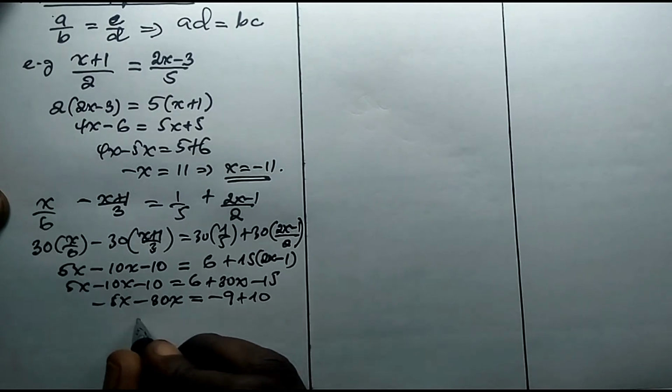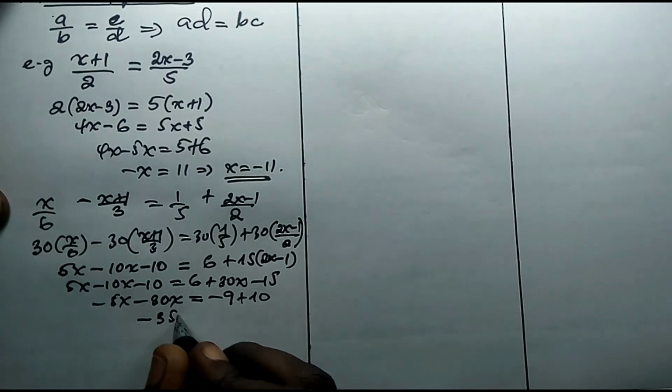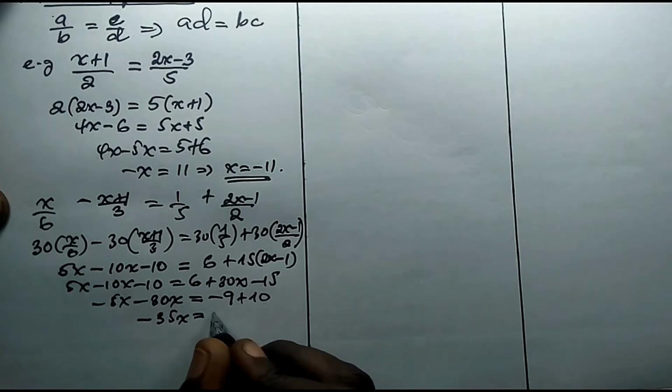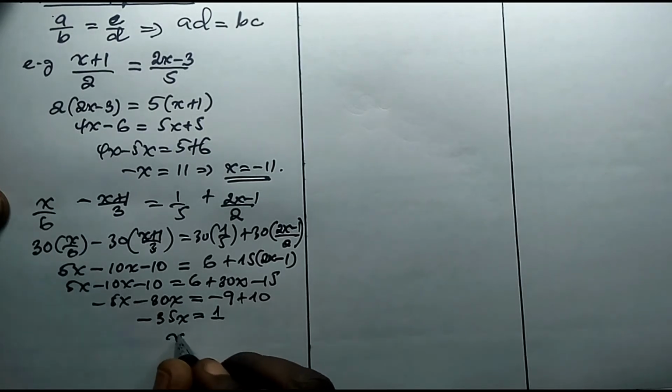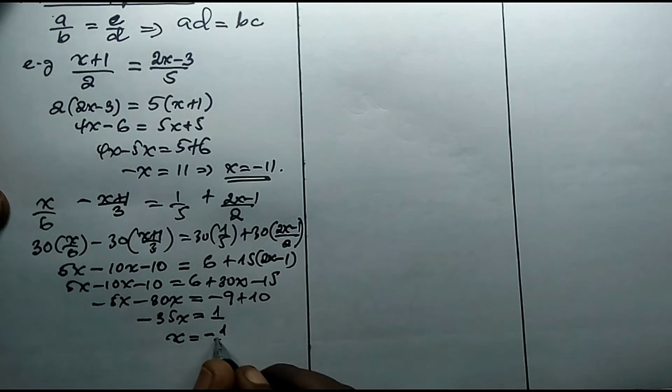And so this will be negative 35x equals positive 1, so that x equals negative 1 all over 35.